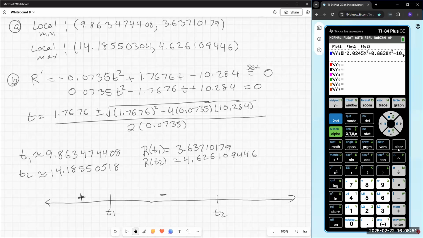R prime is negative 0.0735x squared plus 1.7676x minus 10.284.